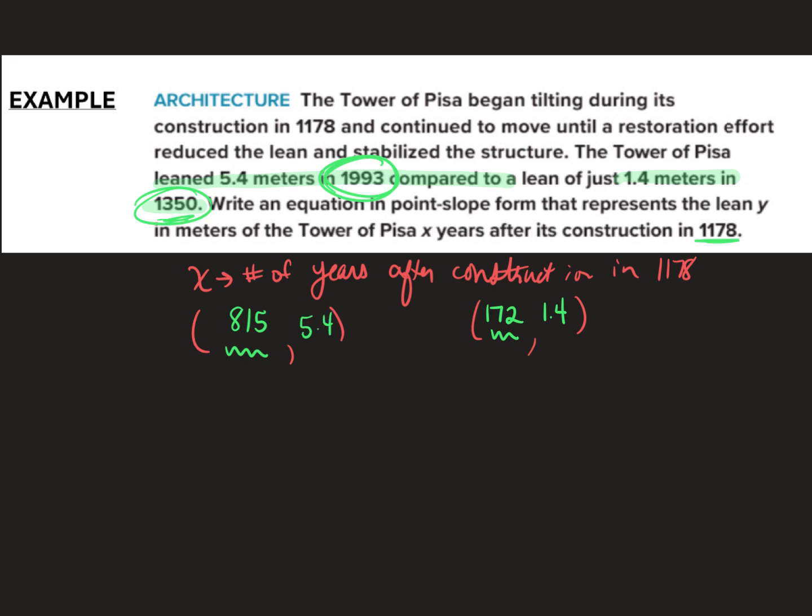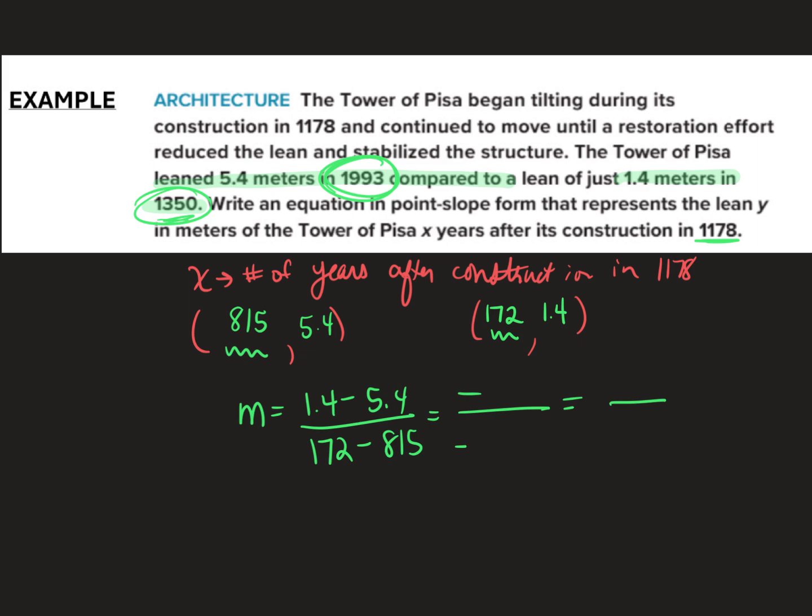So we're going to find our slope. Our slope is y2 minus y1 and x2 minus x1. Both of these will be negative values, but I will come out with a positive answer because a negative divided by a negative will be a positive.